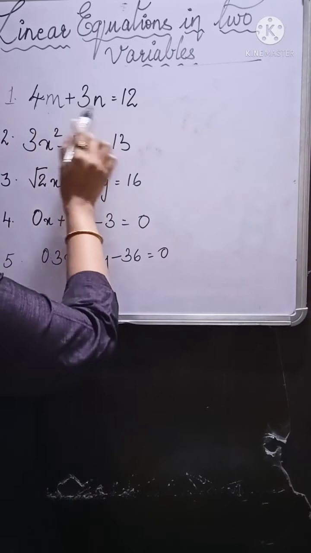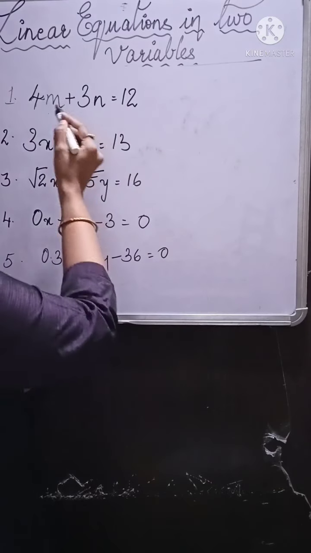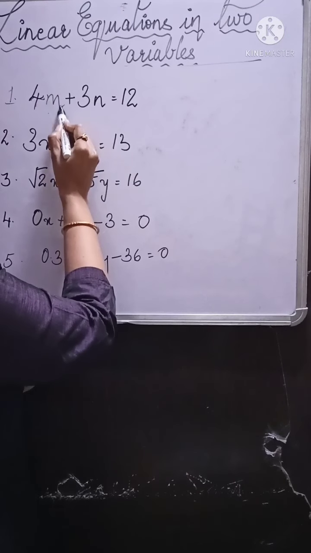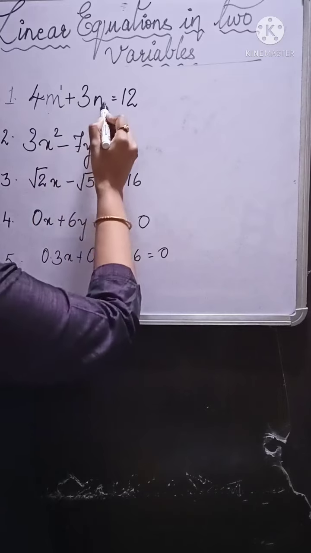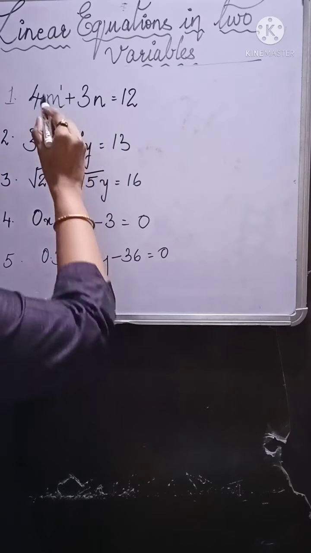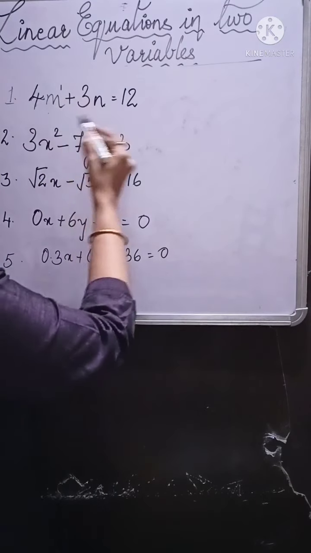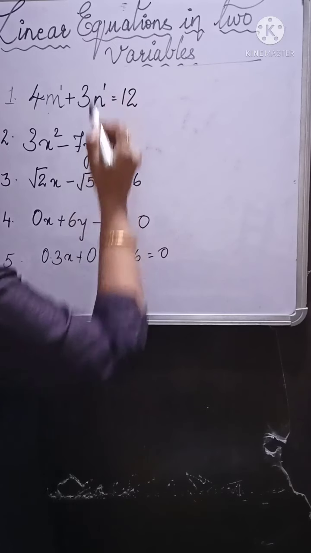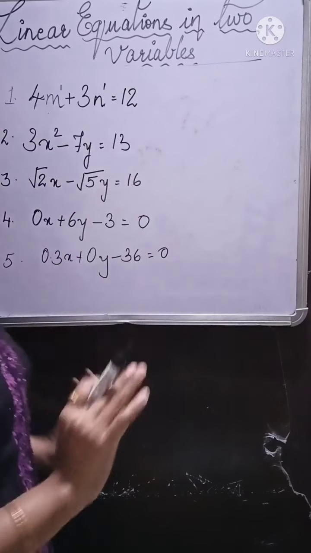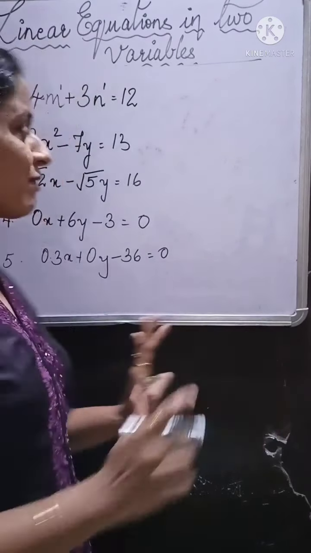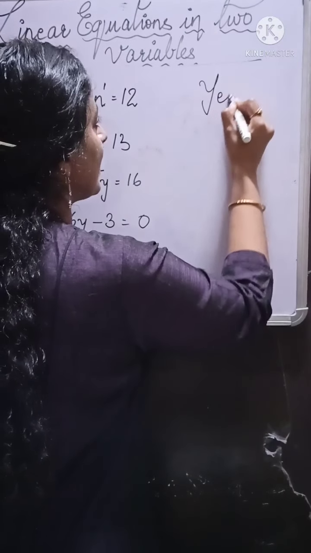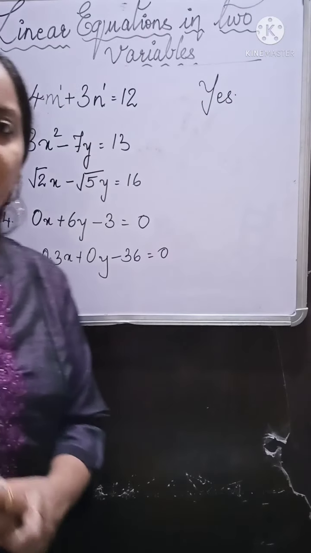Two variables are there, m and n. What is the degree of each variable? M's degree is 1 and n's degree is also 1. So all the conditions are satisfied. So this is a linear equation in two variables.